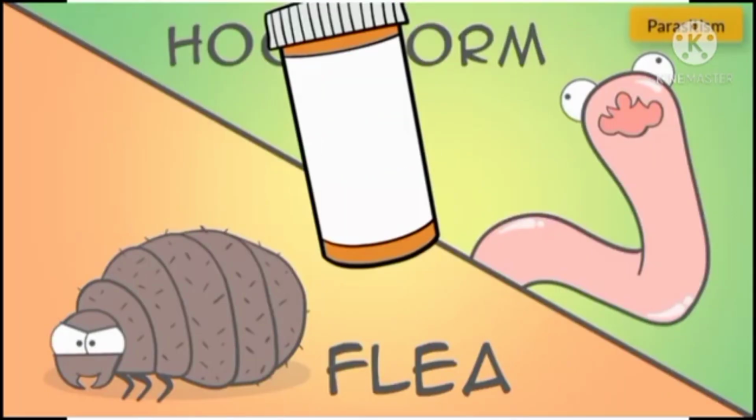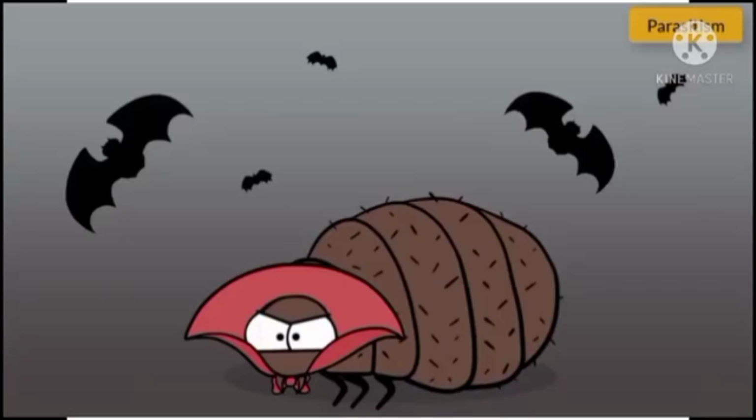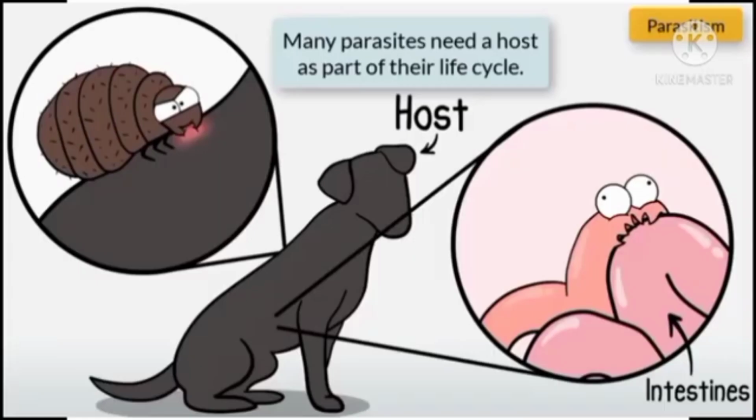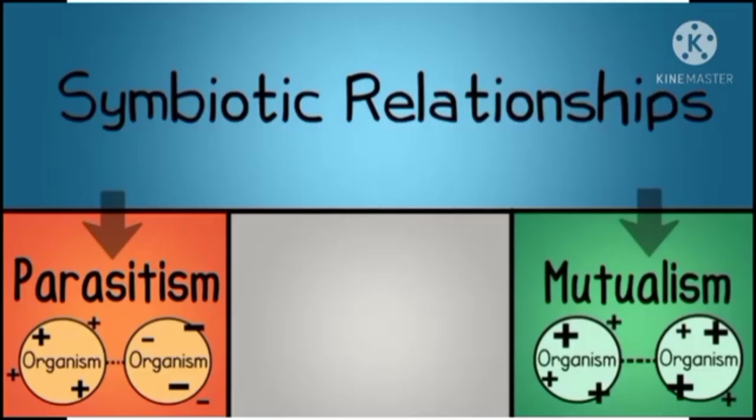We were able to give her medicine to treat these parasites. A good thing because these parasites can hurt the dog by feeding on their blood. A parasite is an organism that gets its nutrients from another organism and causes harm to its host. They can live inside or on their host. Mutualism is an example of a symbiotic relationship where both organisms involved benefit.